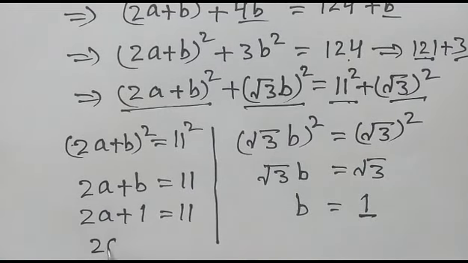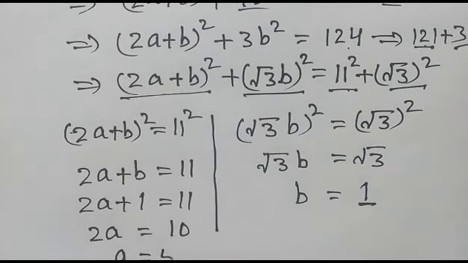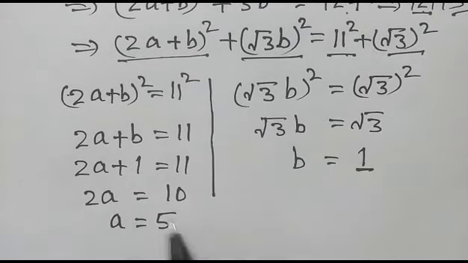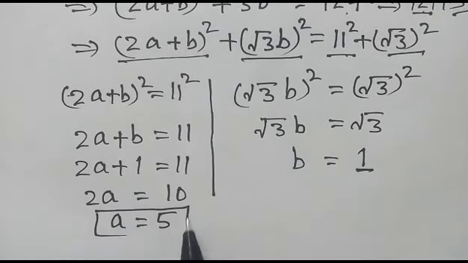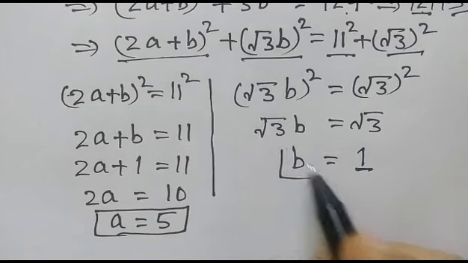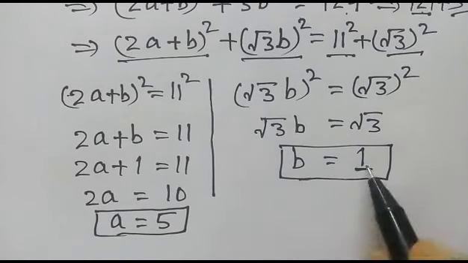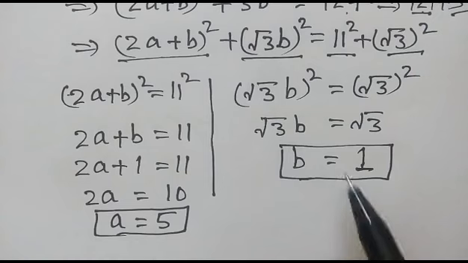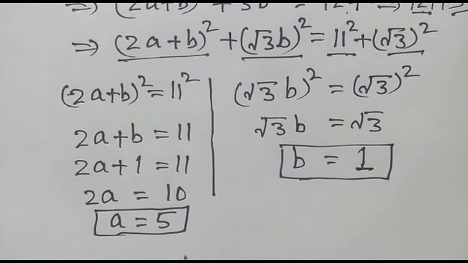So 2a is equal to 10, or a is equal to 5, right? So we have found the values of a and b: b is 1 and a is 5. Okay.